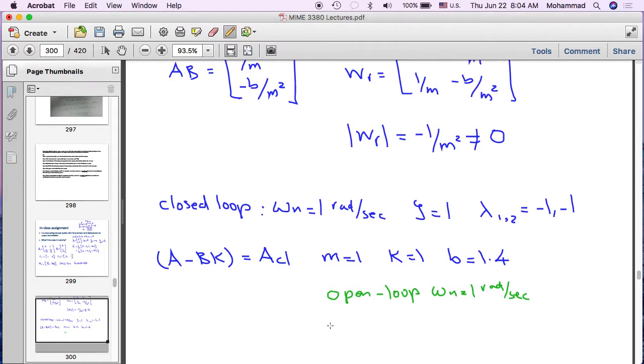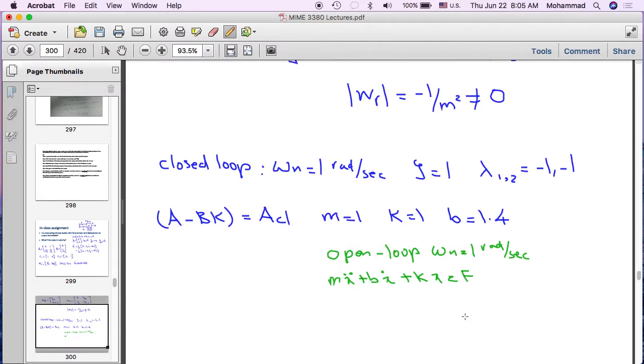The approach to calculate it is by realizing that the base differential equation is this: m x double dot plus b x dot plus k x equals force. This is the base differential equation that we got. And in order to arrive at the standard form, we divide by m.